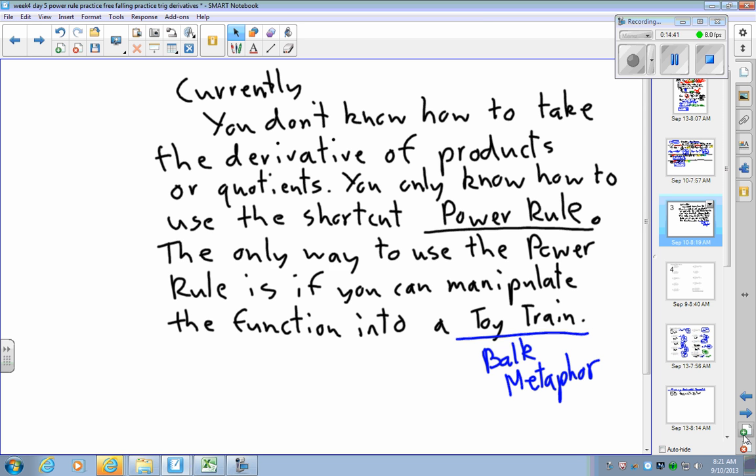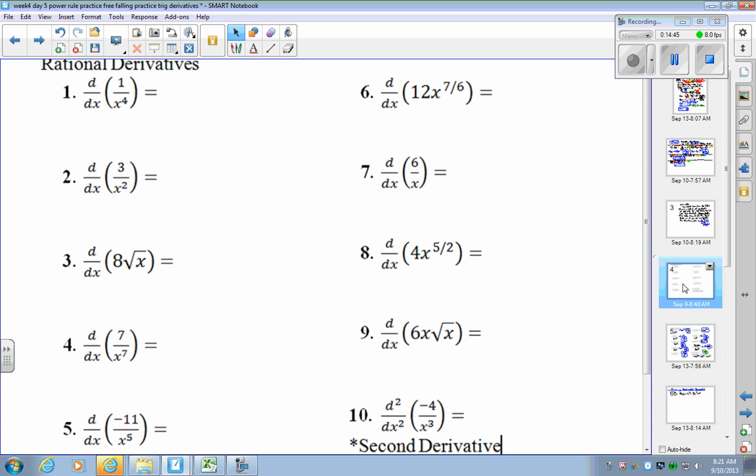Okay, and I want you to start the bottom half, which is right here. And I just want you to take the derivatives. I want you to try and take them as quick as you can. And realize some of them, like 6, are very straightforward because it's ready. Now notice this notation, d of dx, that just means take derivatives.